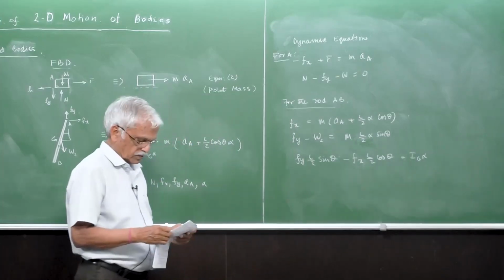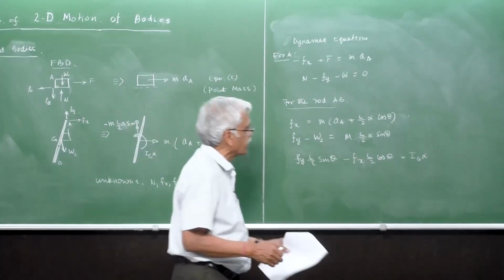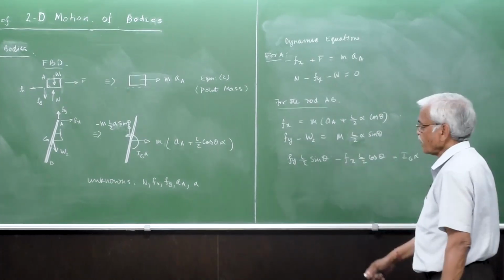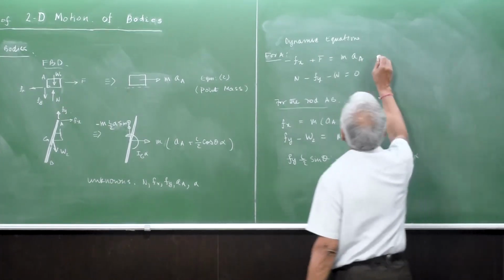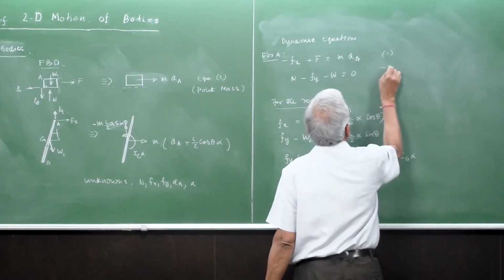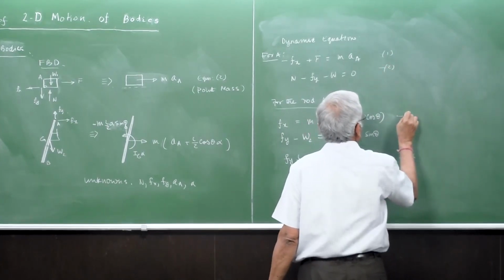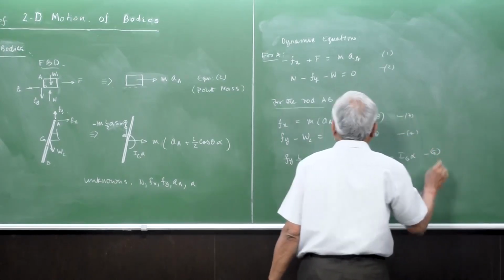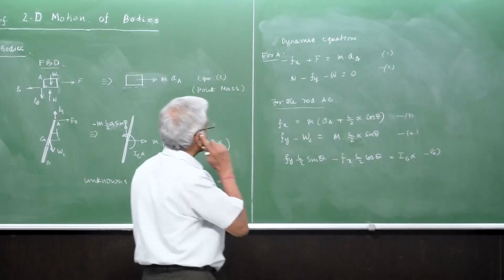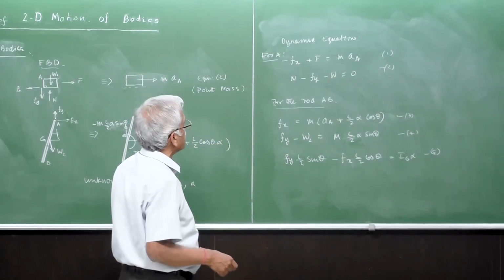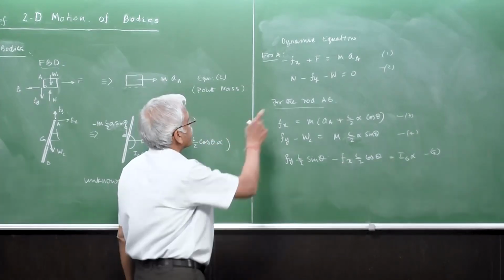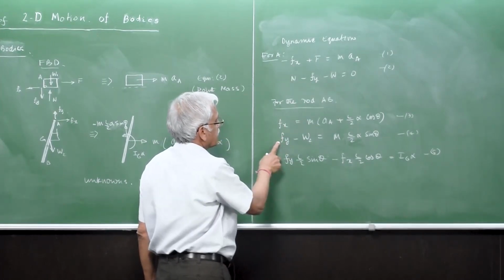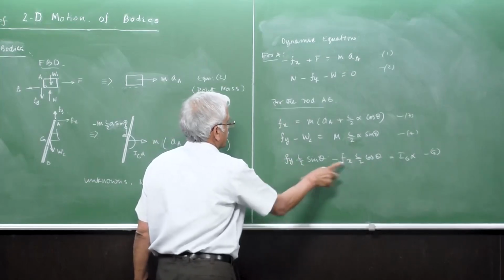Okay, so this is how you can formulate the equations. Okay, and then these are the 5 equations. In fact, as you go on doing that, from here you can take Fx and Fy and substitute it here, and here and here.